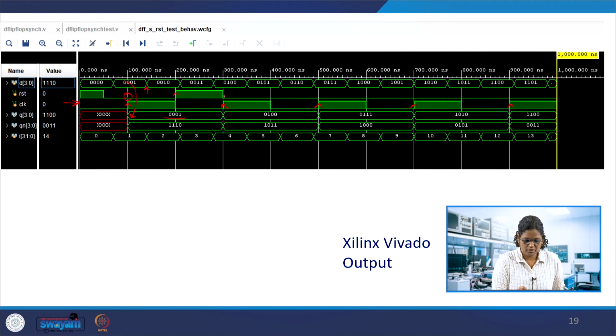Okay, and the reset is made 0 at this point, so the next data 0 1 0 0 is passed. And the clock is made 1, and then reset is 0 all these times. So reset is 0 all this time, so there is no problem of that data being blocked or made 0. So at this clock edge, what is the input, it is given over here, and the 4-bit data is passing over here, and you can see the data is being maintained.